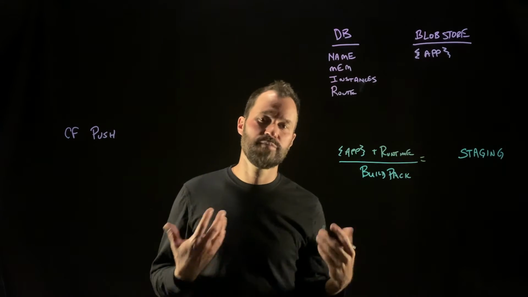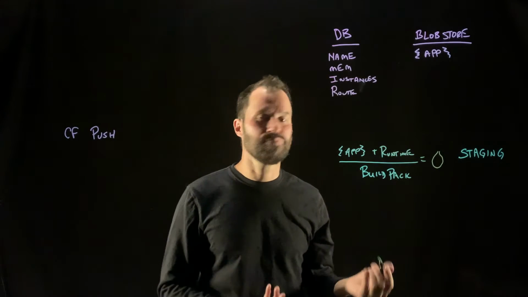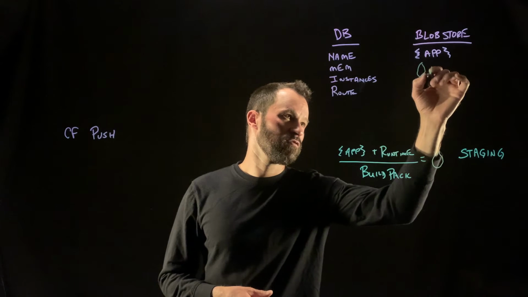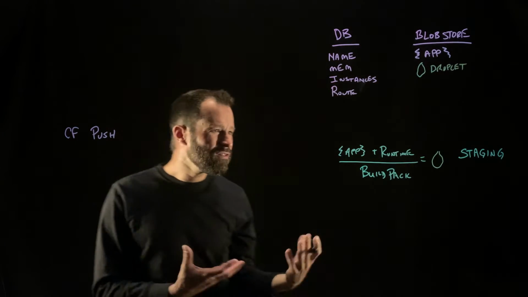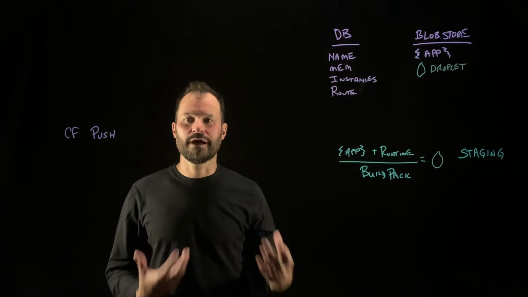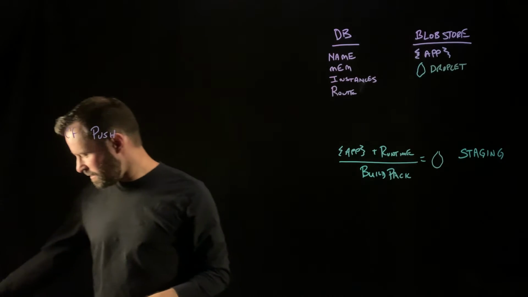The output of this build pack process is something that in Cloud Foundry terms we call a droplet. That droplet gets stored in the blob store as well. Essentially that droplet, for all intents and purposes, is a container image of your application that's ready to go. And that's really the whole purpose of that staging phase.